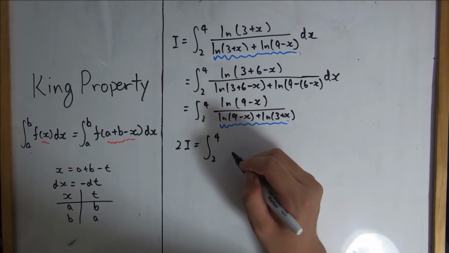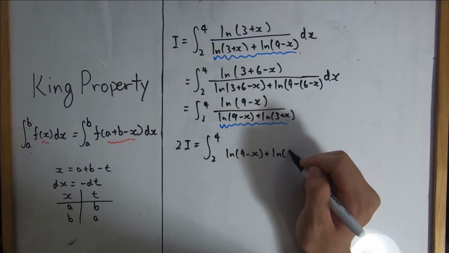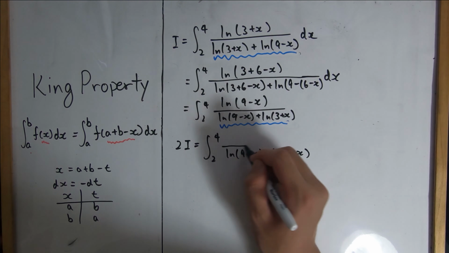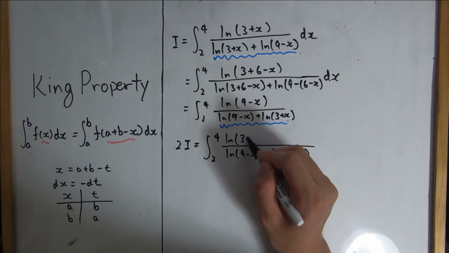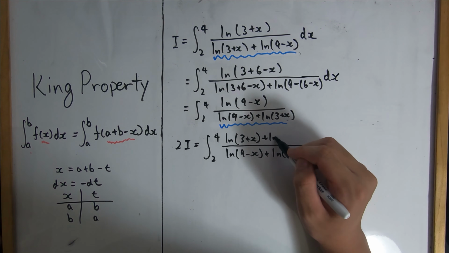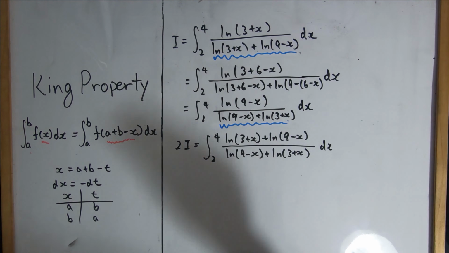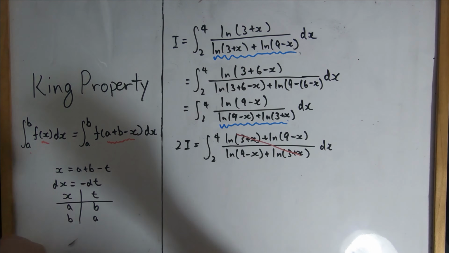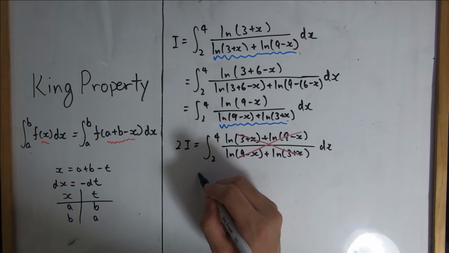The denominator is the natural log of 9 minus x plus the natural log of 3 plus x, and the numerator is also the natural log of 9 minus x plus the natural log of 3 plus x. And this integral is equal to 2I. And so the numerator and denominator cancel out with each other and leave us the integral of dx from 2 to 4.